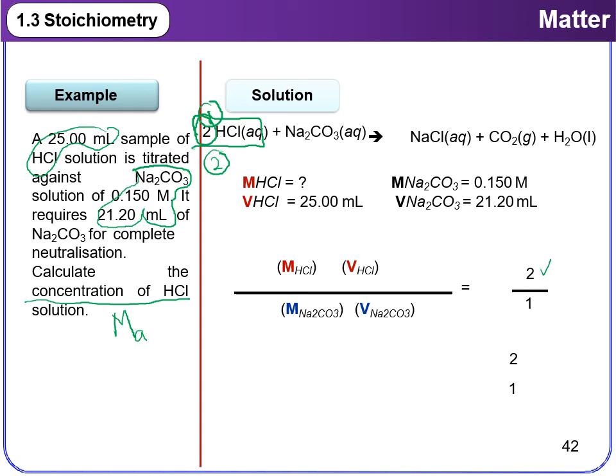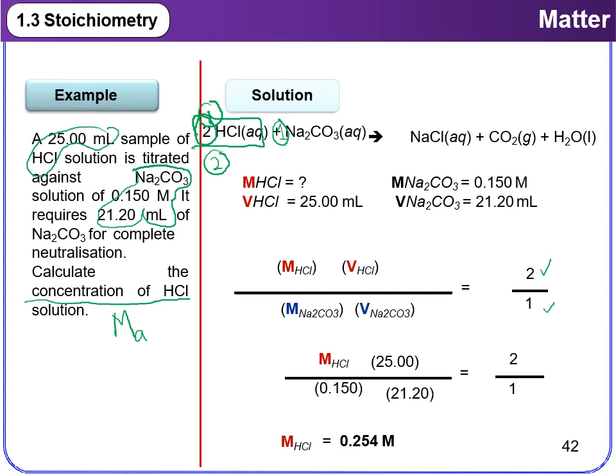While for the sodium carbonate, there is no number, which means the coefficient is 1. After deciding to use the formula, we substitute the values into it, and finally we are able to determine that the concentration of the HCl is 0.254 molar.